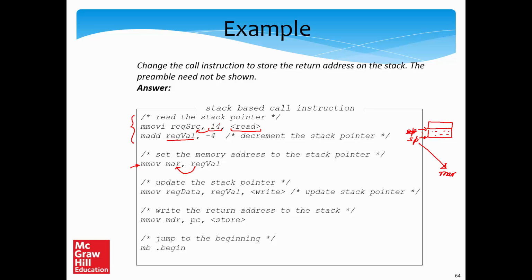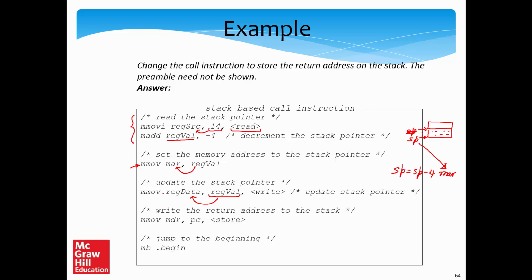Since 14, the ID of the SP register, has been stored in reg source, and we have subsequently not changed reg source, the value 14 will remain. Reg val has been updated with the madd instruction, where we have essentially computed the new stack pointer, old SP -4. So this value will be written back.